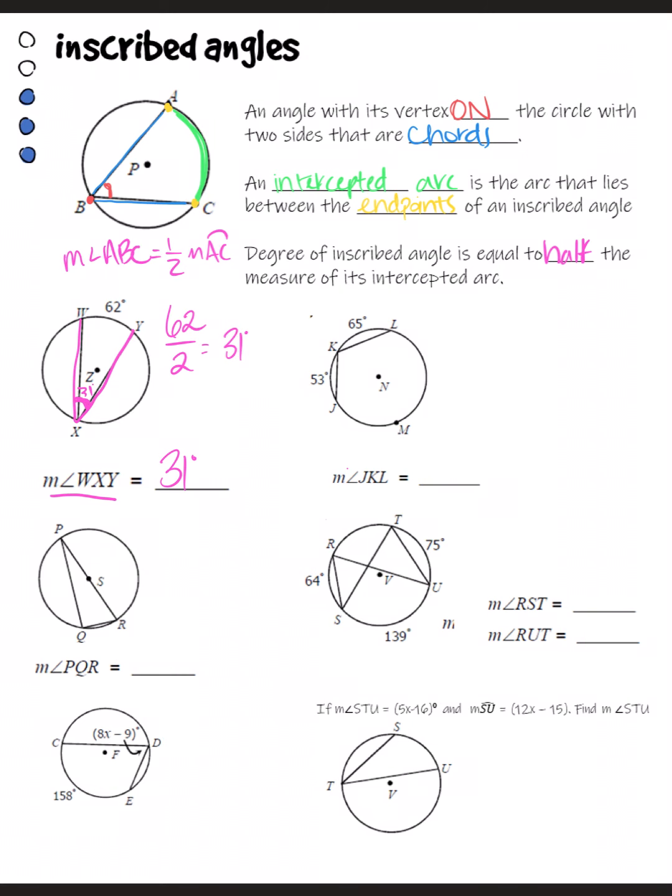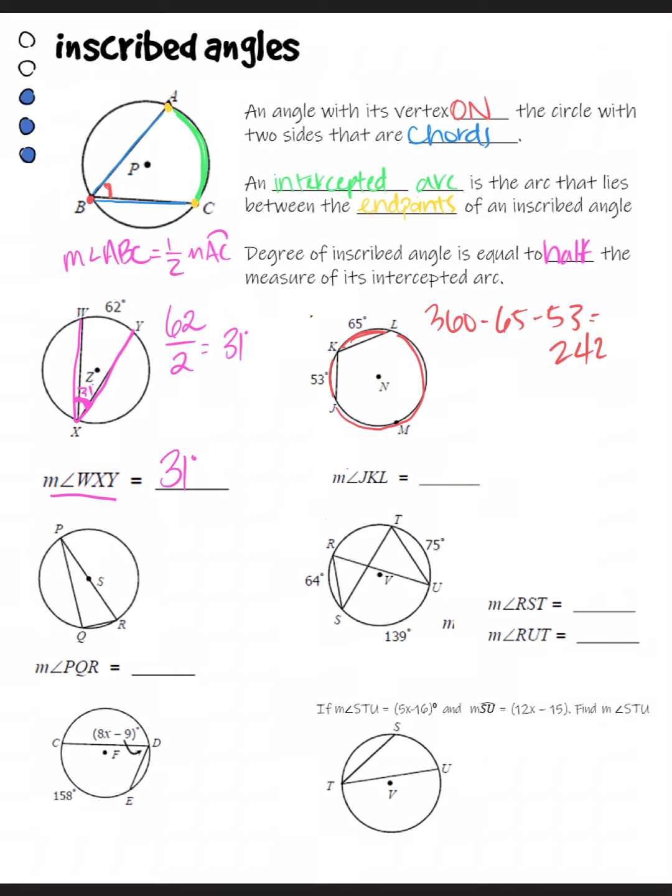All right, let's look at this other example. We know this arc is 53 and this one is 65, so I need to do some math to find what this one is. 360 minus 65, 360 because that's the total of our circle, and that equals 242.